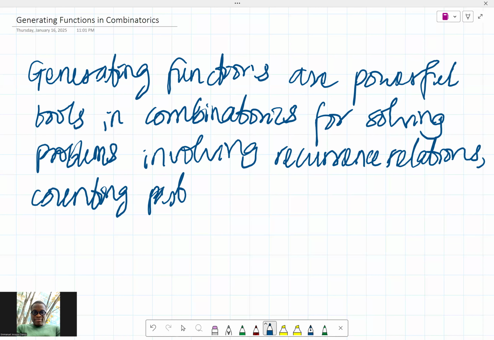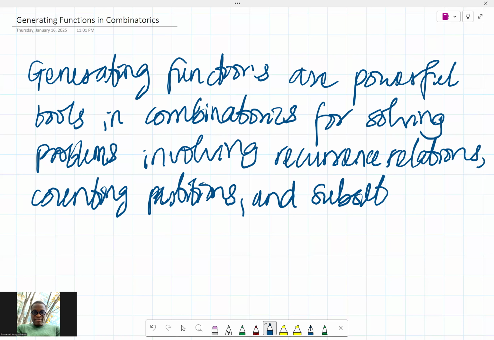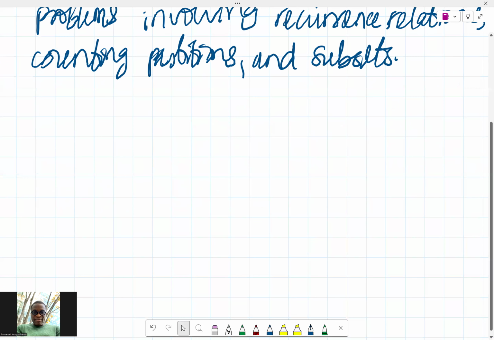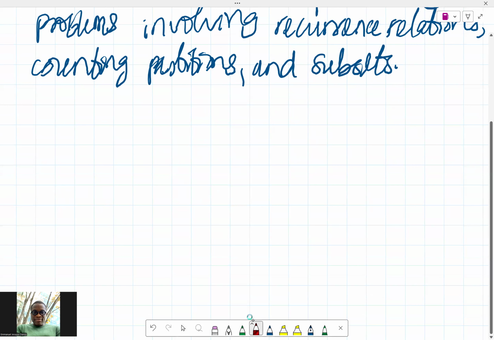This whole thing can be useful in computing, computer science and all that. Counting partitions and subsets.